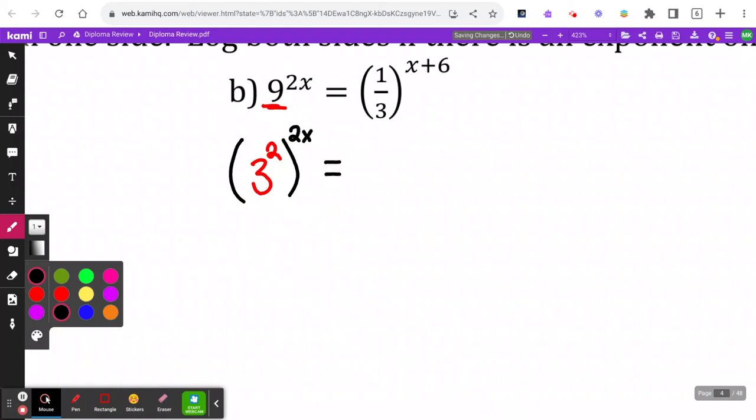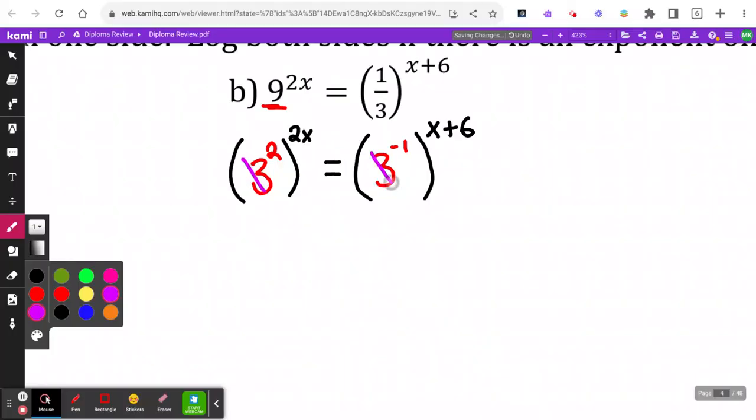Looking at the power on the right, it's a fraction, but there's a 3 on the bottom. So I could rewrite that as 3 to the power of negative 1. That gets rid of the fraction for you, right? It takes your denominator and moves it up to the numerator, but it gives you a negative exponent. You now have same bases.